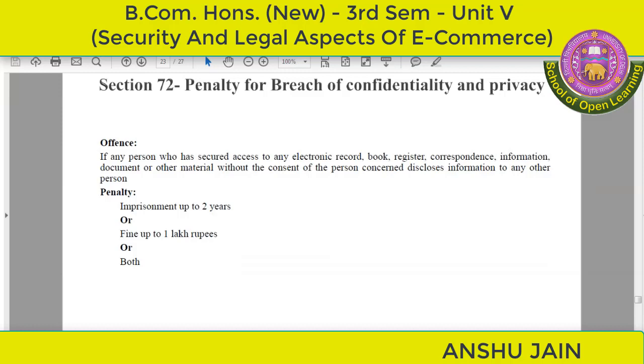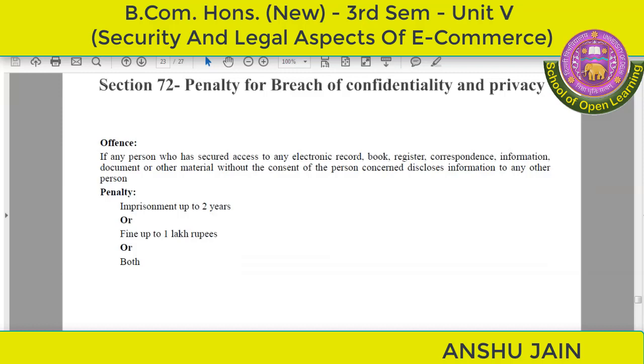Now, if any person who has secured access to any electronic record, book, register, correspondence, or information or document or any other material without the consent of the person concerned, and you disclose such information to any other person, then that is the offense you have done. And for this offense, imprisonment up to 2 years or a fine up to 1 lakh rupees, or both penalties may be there as per the situation.